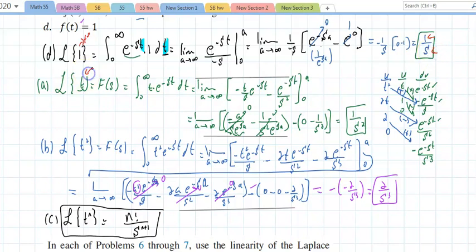When I did t to the 1, I got 1 factorial divided by s to the 1 more than 1, which is 2. When I did t squared, I got 2 factorial over s raised to the 1 more than 2, which is 3. In general, the Laplace of t to the n is the power factorial divided by s raised to the 1 more than the power.